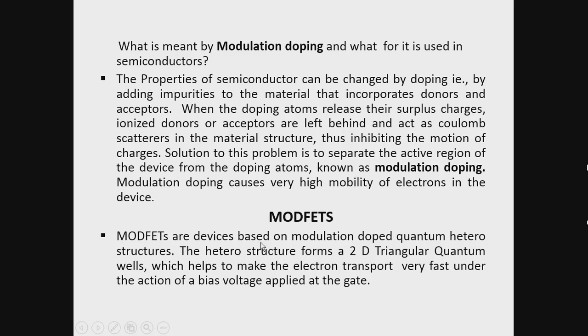Modfets are devices based on the modulation doped quantum heterostructures. You know what is a heterostructure? Heterostructures are actually the junctions formed by different band gap materials. Such structures are called heterostructures. The heterostructures form a 2D triangular quantum well, which helps to make the electron transport very fast under the action of a bias voltage applied at the gate.